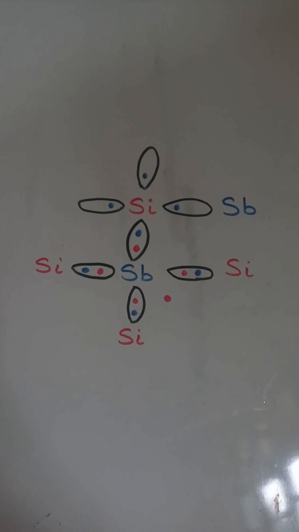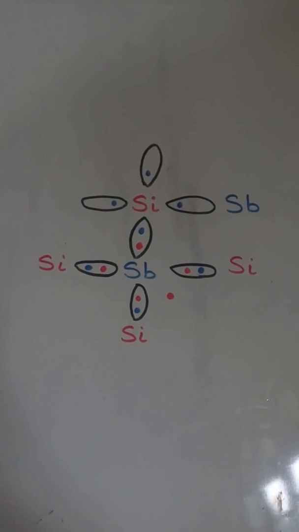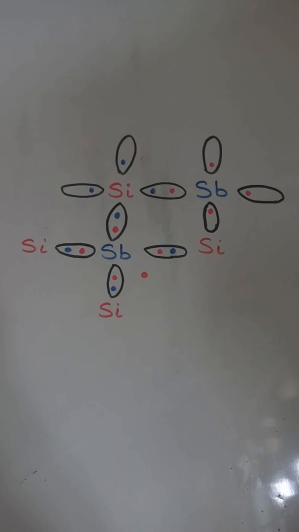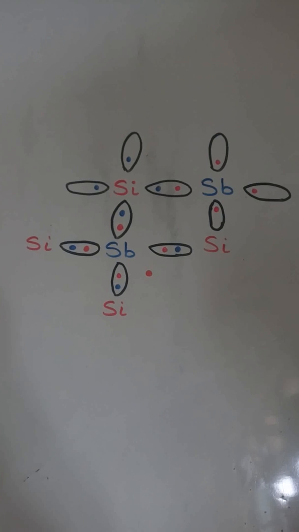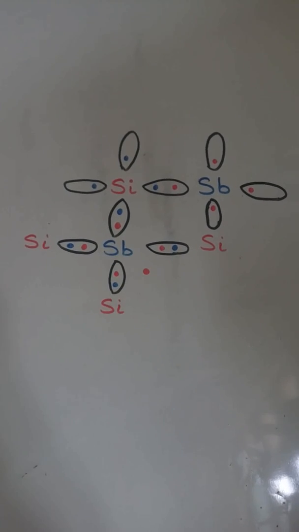Another antimony atom is going to be bonded. 4 electrons of antimony undergo covalent bonding with silicon atoms.